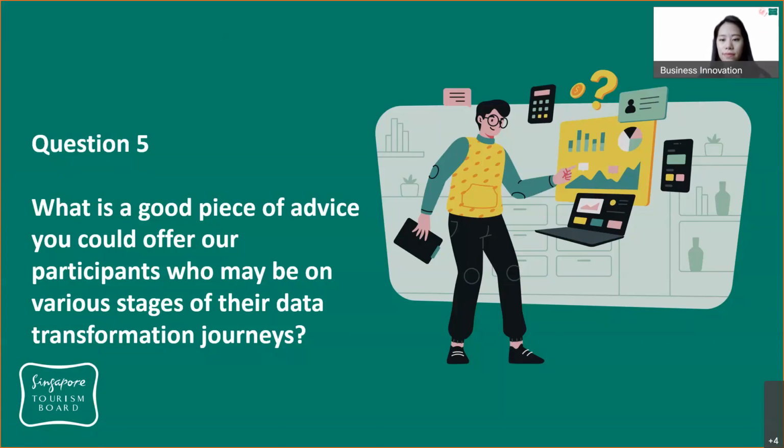The more you can automate, obviously that frees up your people to look at the data. And finally, always focus on the business problem that you're trying to solve. It's been mentioned a couple of times, but don't do data transformation just for its own sake. Do it because you're trying to solve a particular problem in your business.